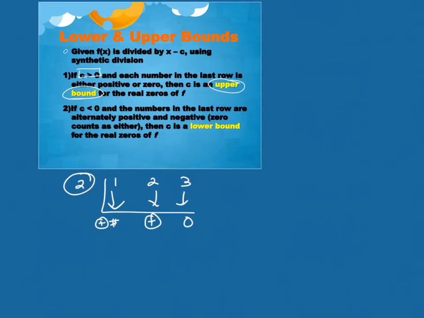If the number on the outside is a negative number, and the pattern on the bottom is alternating, either positive, negative, or negative, positive, or a 0 to break up either of them, then it's called a lower bound, which means there's no number lower than that.